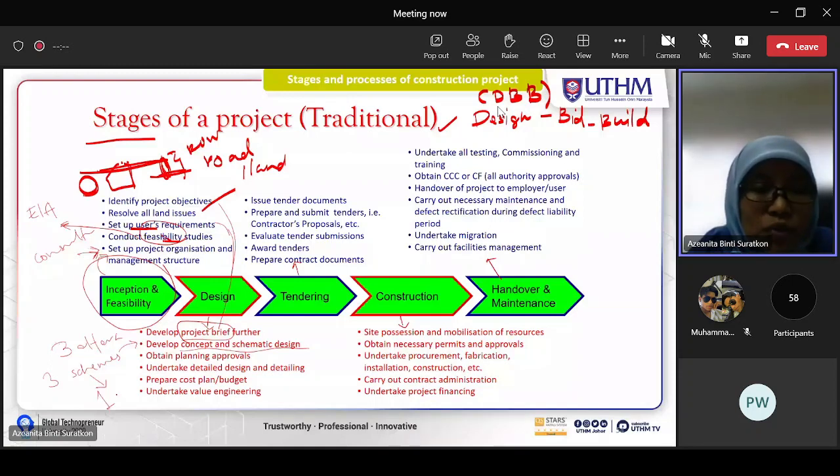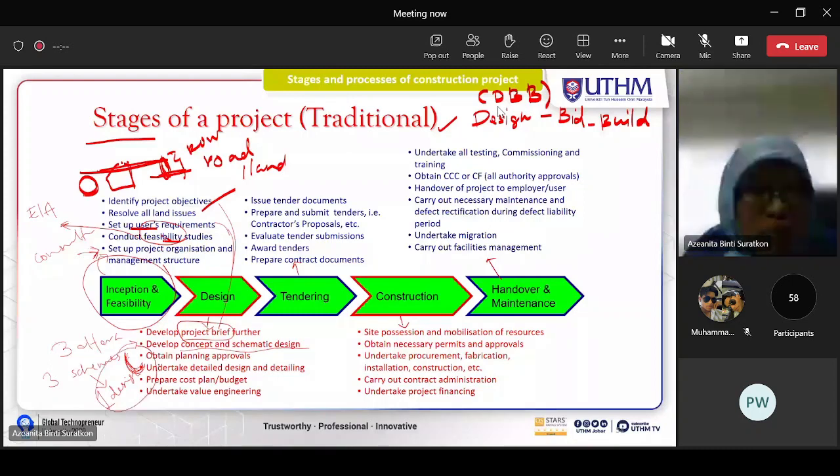For example, they choose design C. Once he decides on design C, the consultant will detail it out. They will prepare the detailed design based on design C, and prepare everything for the tender later on, to call for tender to select the best contractor.